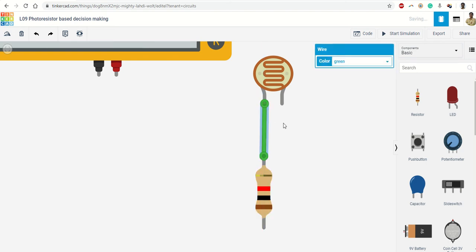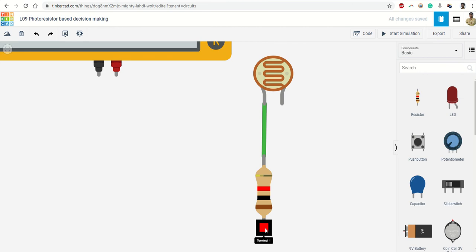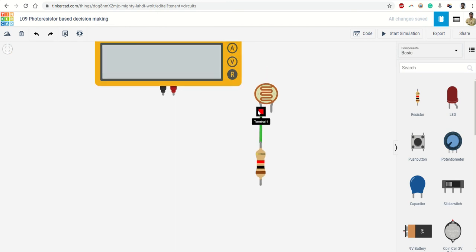I join them, and if I join 5 volt or any positive voltage here and ground here, then at the center point I will get a voltage which will be divided by these two resistances. And when I change one of these resistances, this value of voltage is going to change. So we can very easily generate different voltage levels by changing the light intensity on the surface of this photoresistor.